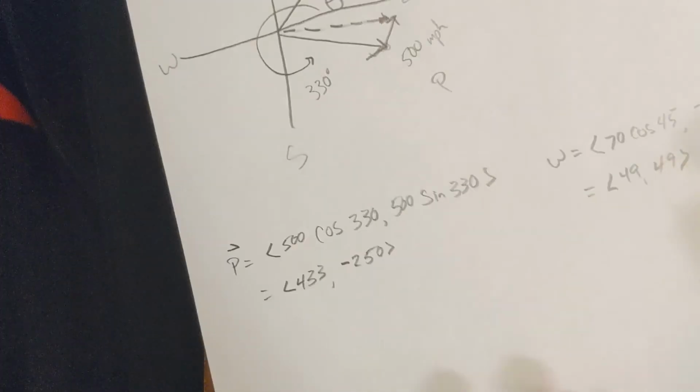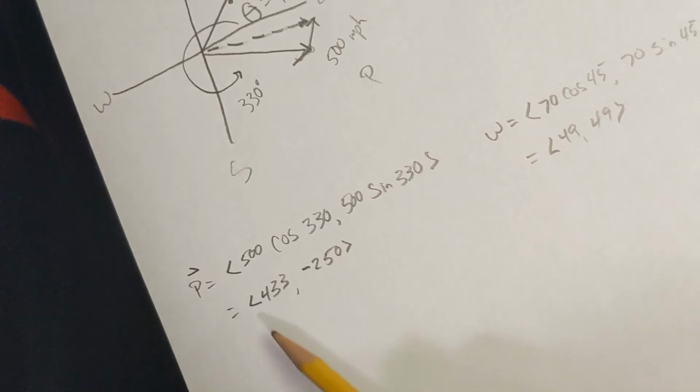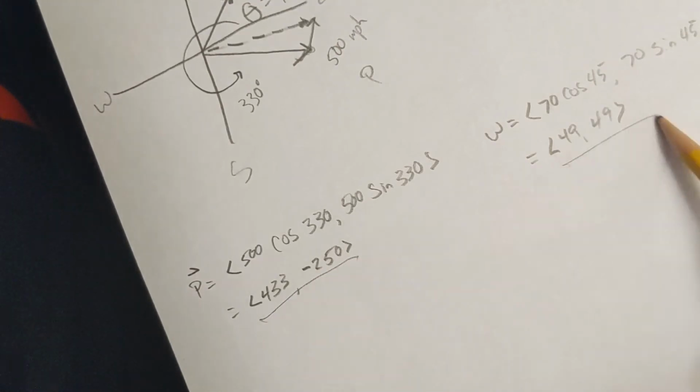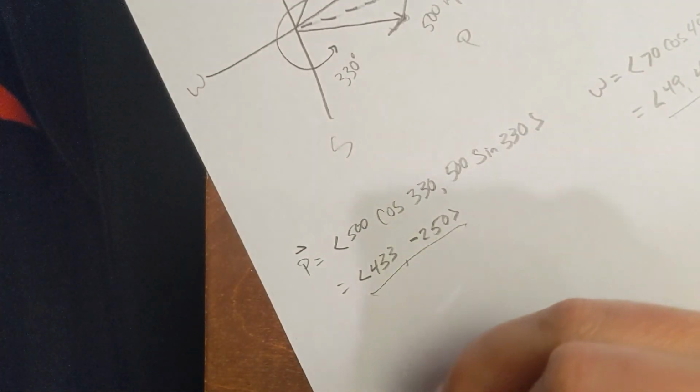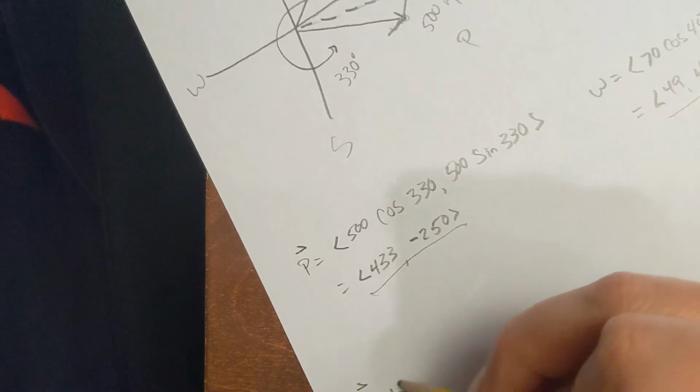So the first thing we do is add my two answers together. I'm going to add this number with this number to figure out the true course of the plane. That's pretty simple math.